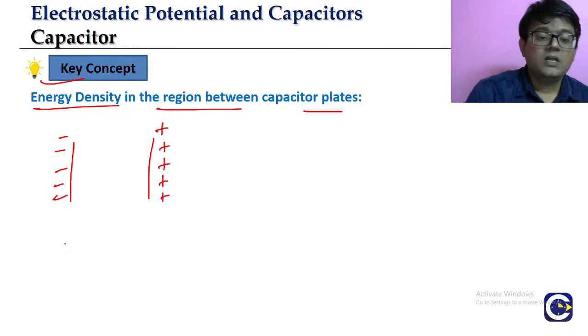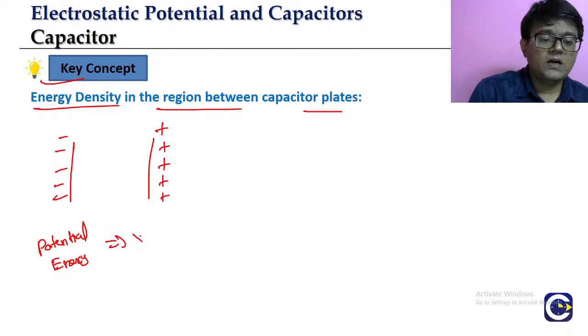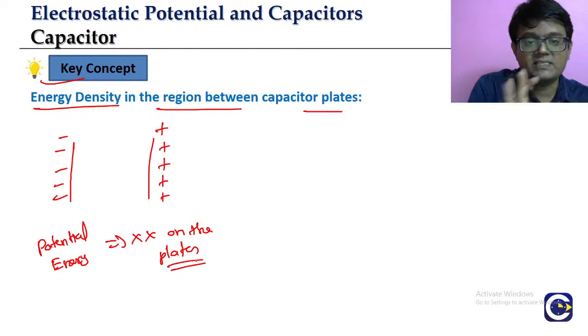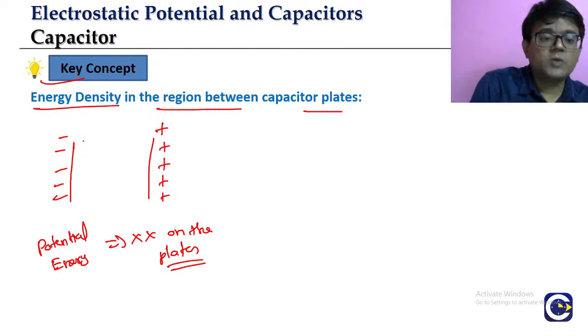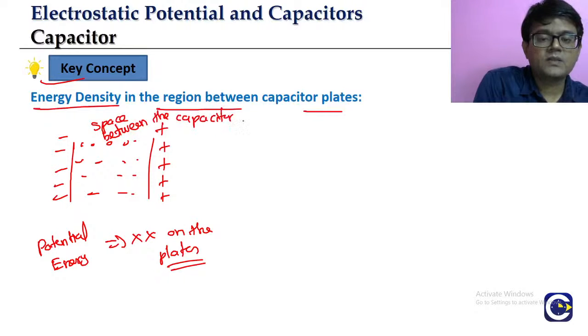That potential energy will not be on the plates of the capacitor. Where is it? The potential energy will be distributed in the space between the capacitor plates. Okay?